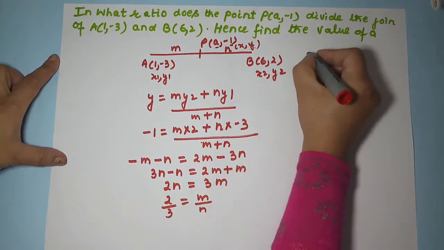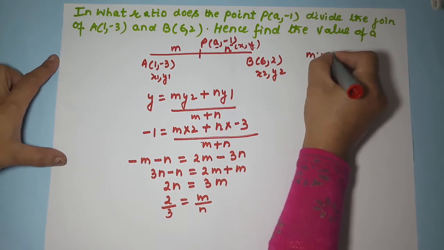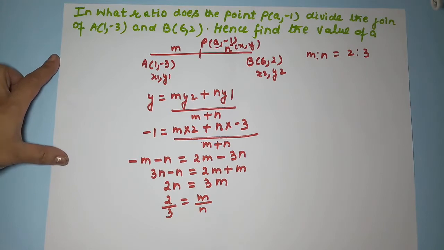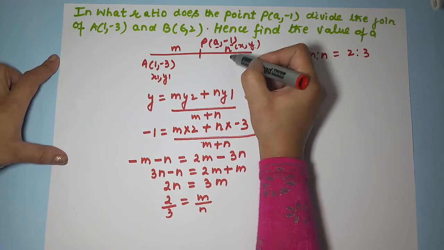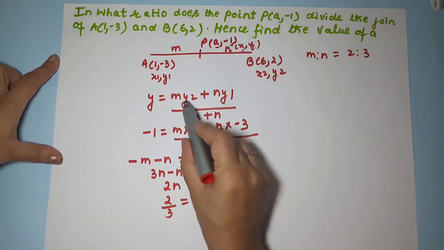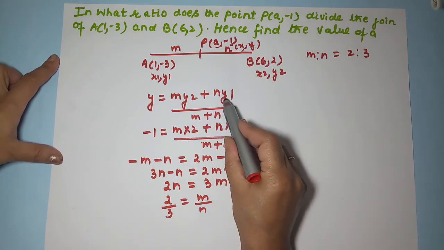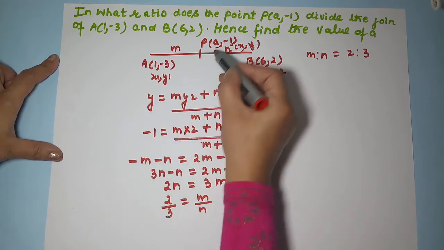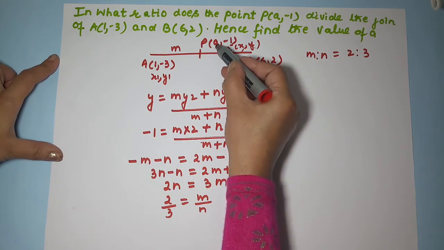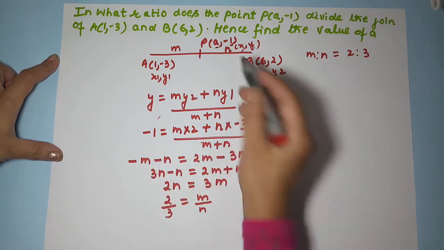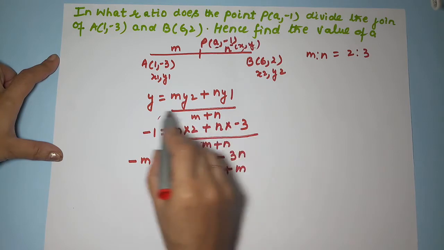Oh, I found the ratio, m is to n as 2 is to 3. Now, you see, if I would have taken the x coordinate and written x equal to (mx2 plus nx1) upon (m plus n), then here I had to write a, right? So a I cannot calculate, fine. That is why I took the y coordinate here.